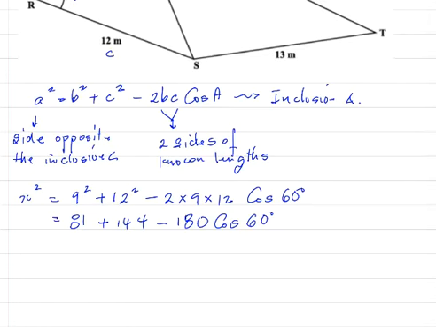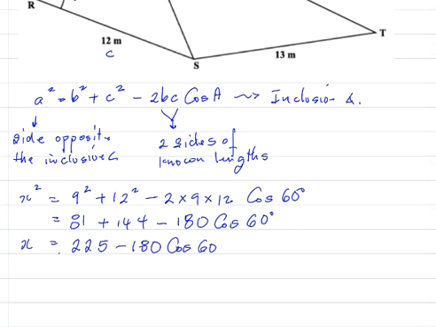So this is 225 minus 180 cosine 60, and this is x squared.